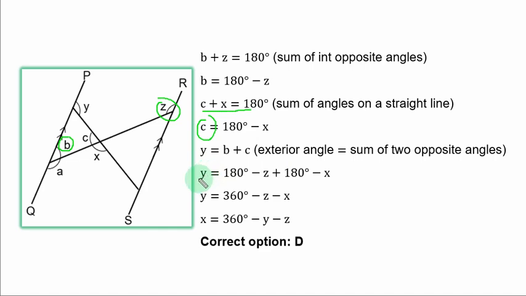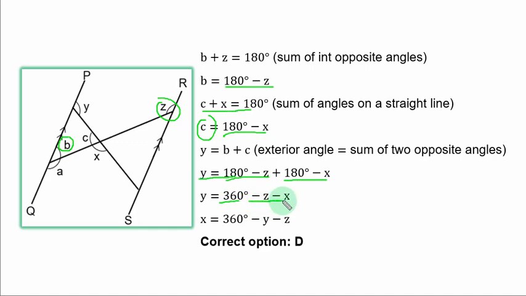So we have Y equal to, already you know B is this, you replace B with what it stands for. Now C is this, you replace C with what it stands for. So if you add 180 plus 180, you have 360, then minus Z minus Y.